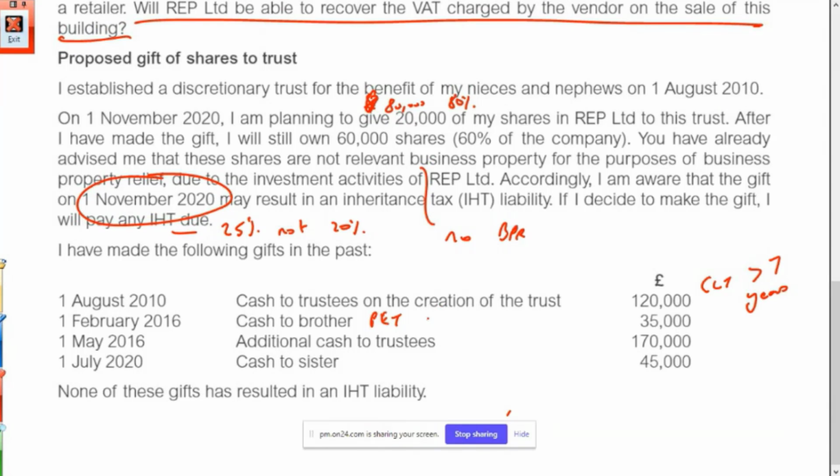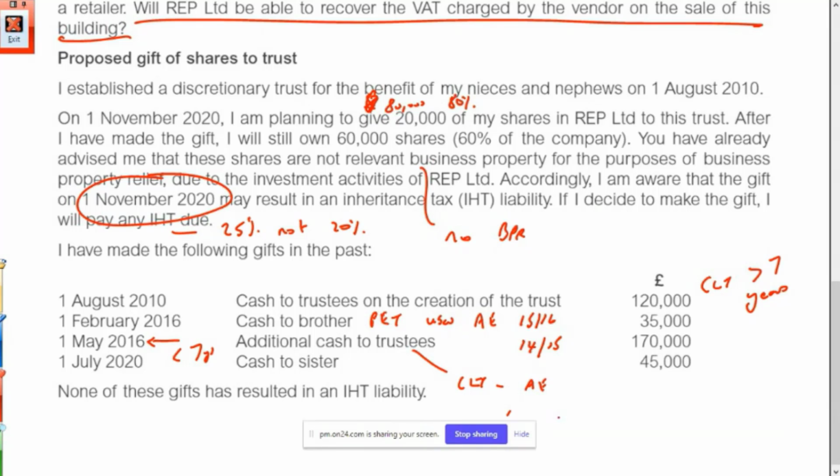But that would use up, and this is what some of the marks were for, the annual exemption for 15-16 and then 14-15. Additional cash to trustees, well, that would have been a CLT, and that's within the last 7 years, and that would get the annual exemption.